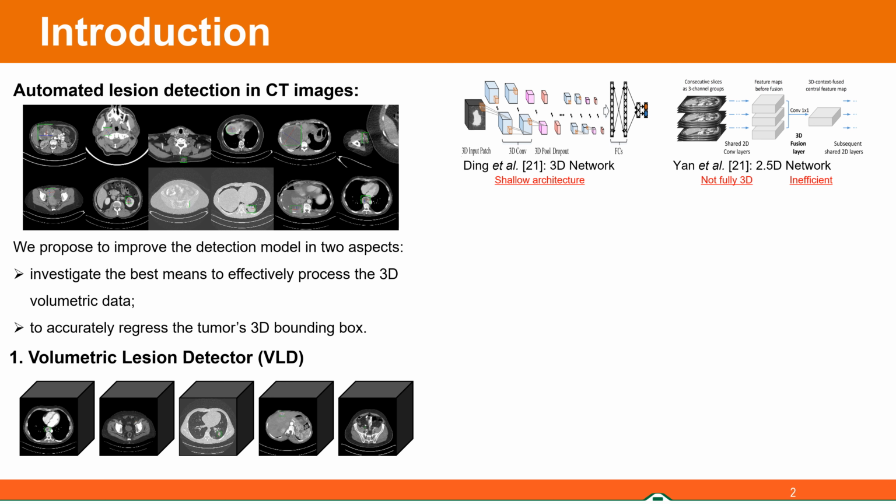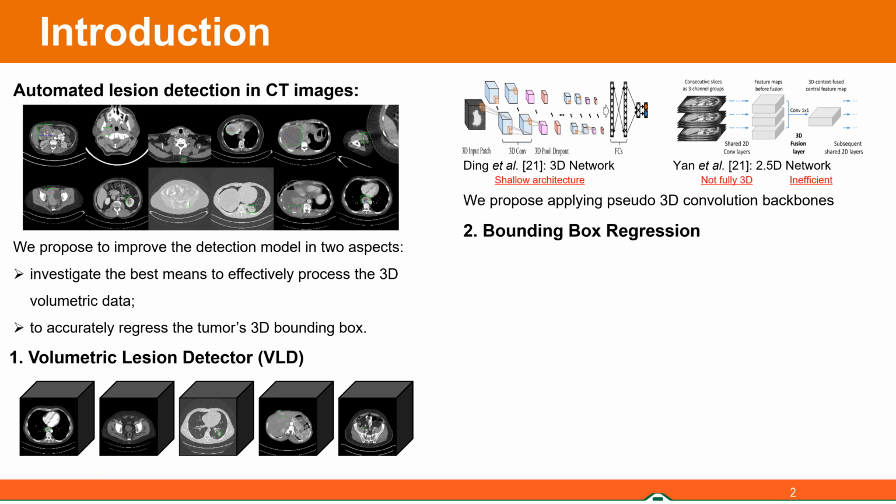Nevertheless, these methods do not fully explore 3D information and are also inefficient because they process CT volumes in a slice-by-slice manner. So we propose applying pseudo 3D convolution to efficiently process 3D images.